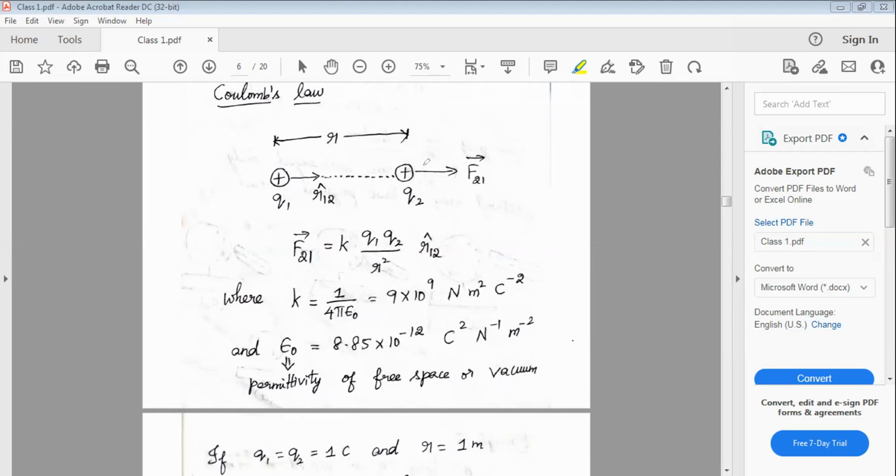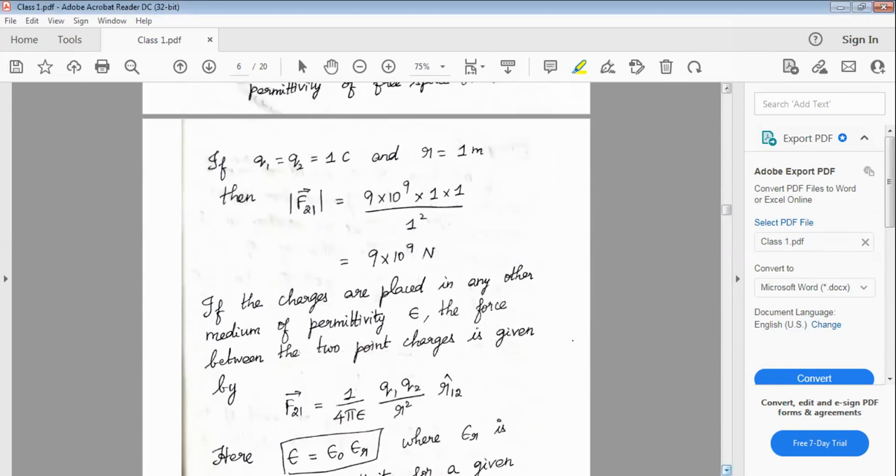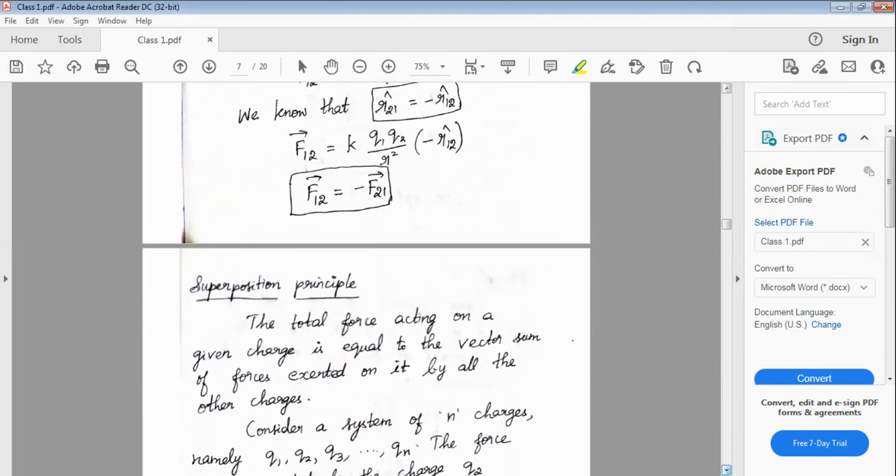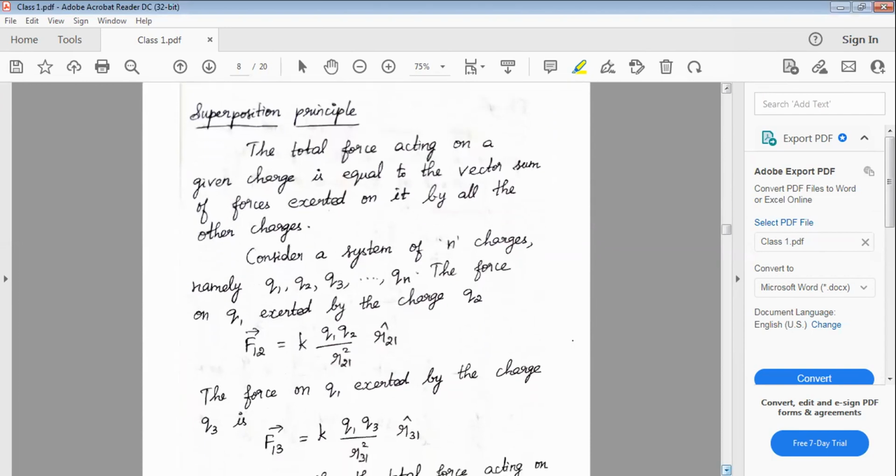Okay. So this is what you need to understand. The forces are equal in magnitude but opposite in direction. Then we are going to discuss the superposition principle. That means whenever you have more number of charges in a system, Q1, Q2 up to Qn, then what you have to do is, on Q1, what is the force exerted by Q2?